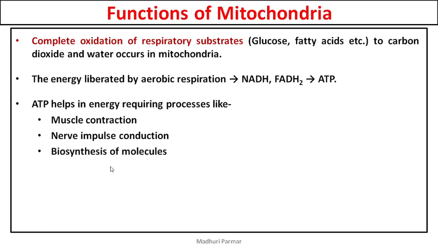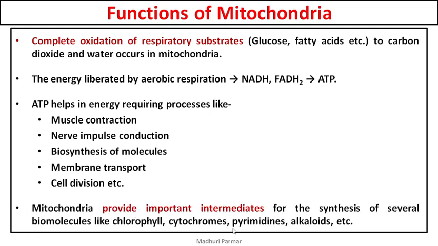Then biosynthesis of new molecules requires ATP. Membrane transport requires ATP. Just think about active transport, then endocytosis, exocytosis, receptor mediated endocytosis, all of these things require ATP. Then cell division requires ATP. So all of these energy requiring processes are occurring, or they are helped by mitochondria because of mitochondria.